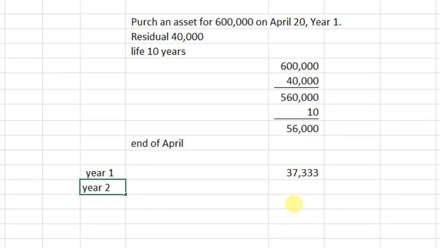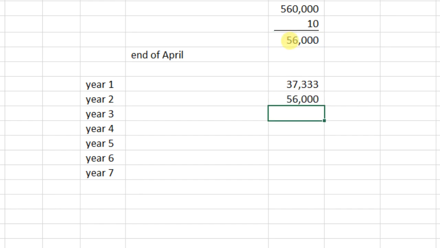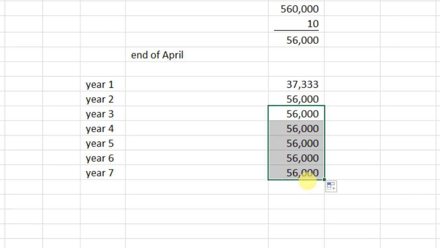Year 2, and let's go to year 7. Okay, so the yearly amount, of course, is $56,000. So I'm just going to add that $56,000. And I know there's a whole lot of ways you can do this, so don't sweat it. This is not the most efficient way, but it works on Excel, right?